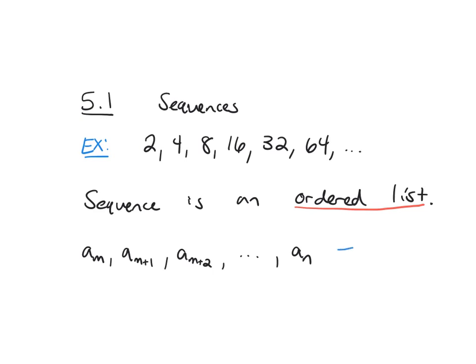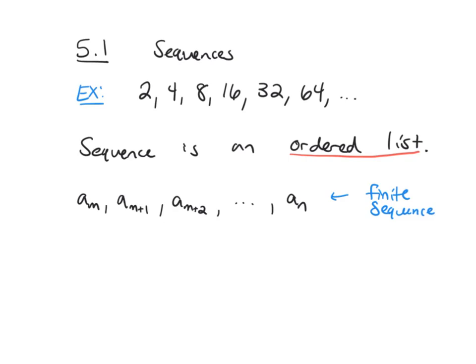This would be a finite sequence, or it could go on forever and be an infinite sequence. So a_m, a_(m+1), the next term would be a_(m+2), and so forth. This is an infinite sequence.